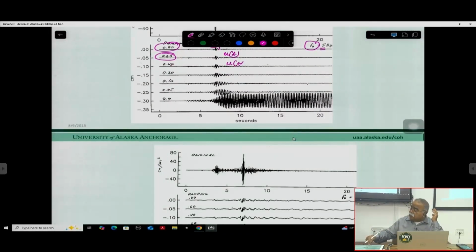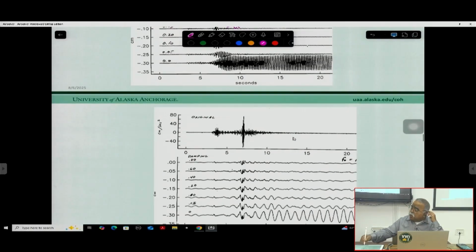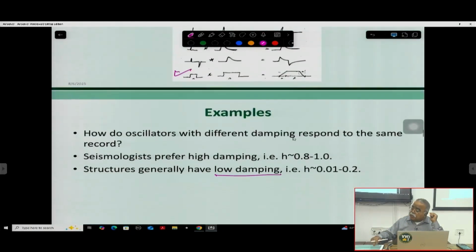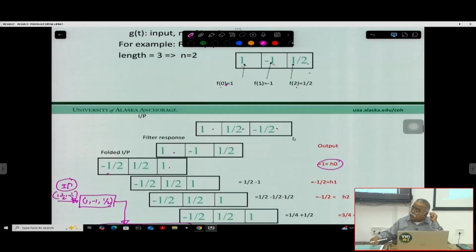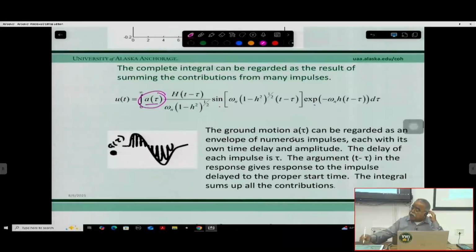And similarly, if you take the same damping but a different frequency, you will also get a similar response. So this is basically what we are trying to do. I fix the damping value.